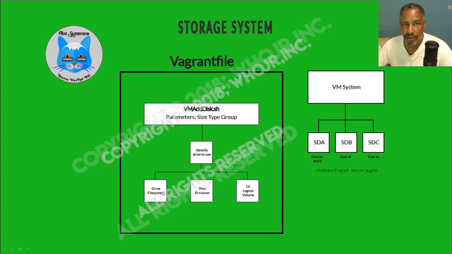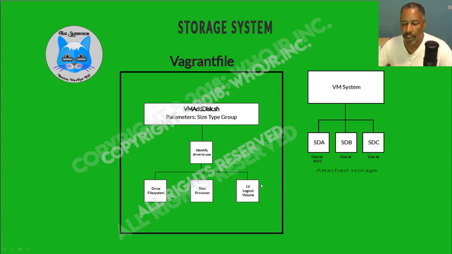And we have three types of drive. We have a regular drive with the file system on it, which I'm going to call by the very unique name of drive. We have thin provisioning drives, which means that the storage allocation won't occur until it's needed.